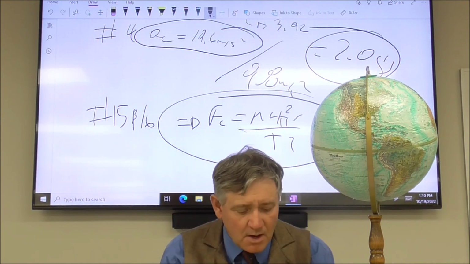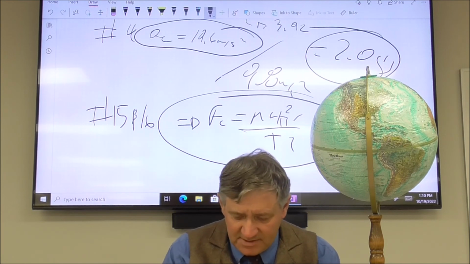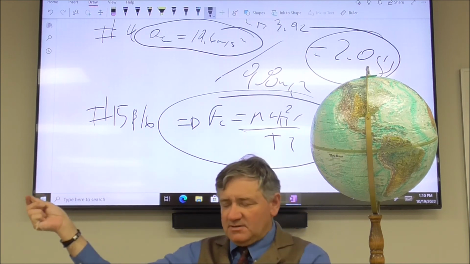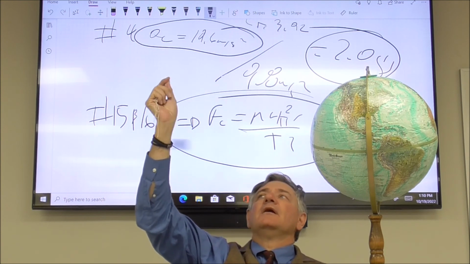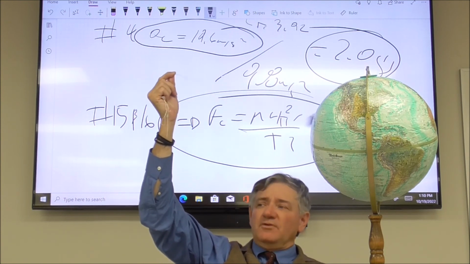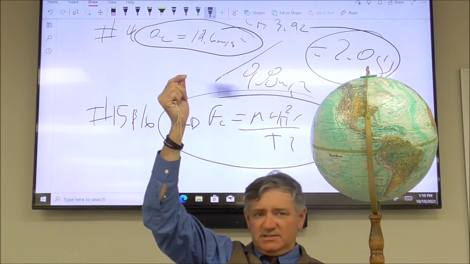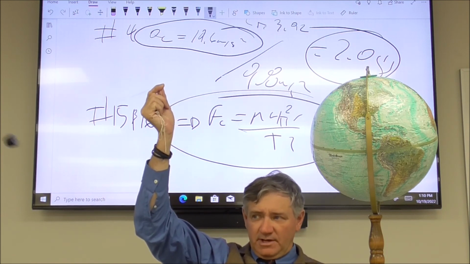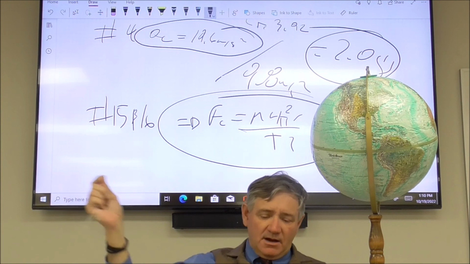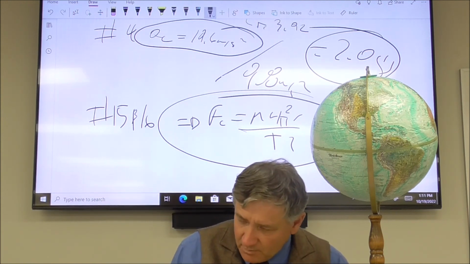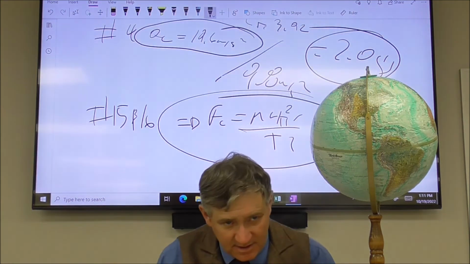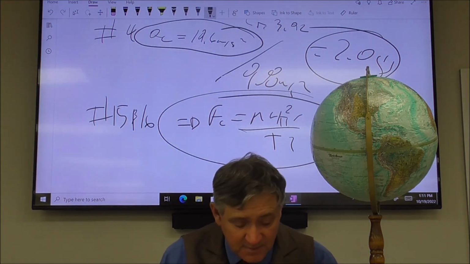When you get to number 17, visualize this. Here's this rubber stopper going around like this. You're going to draw all the forces acting on that rubber stopper as it's being swung around over your head. Now you're going to have to go to data from number 1. Everybody's numbers are going to be different.